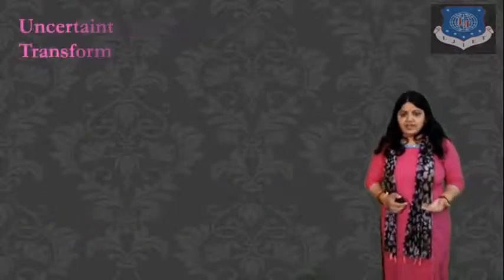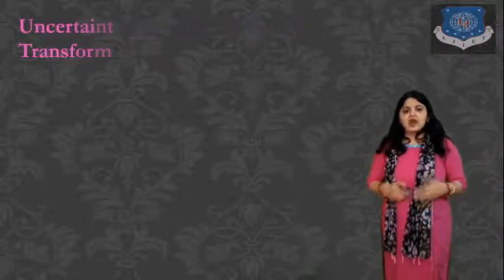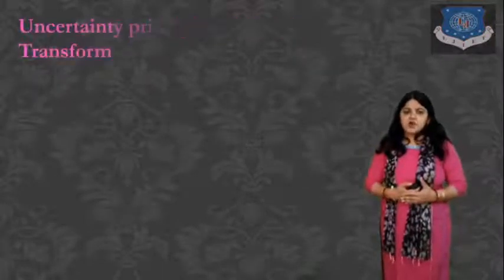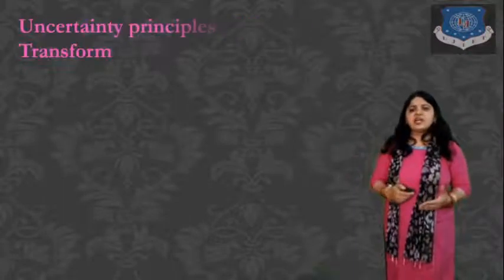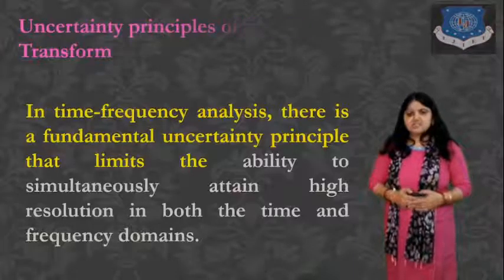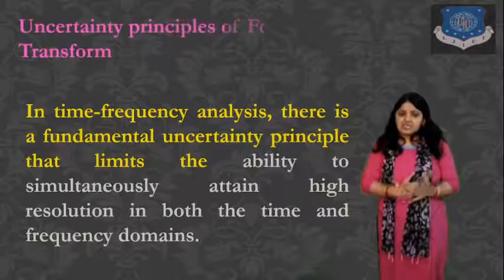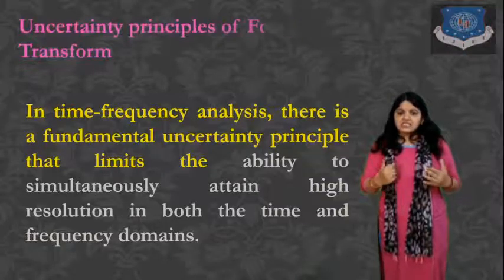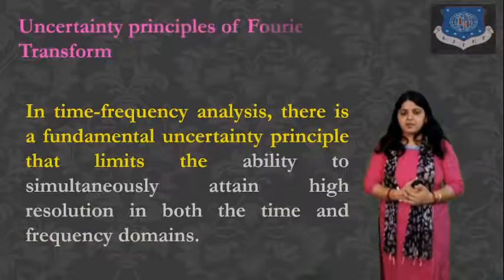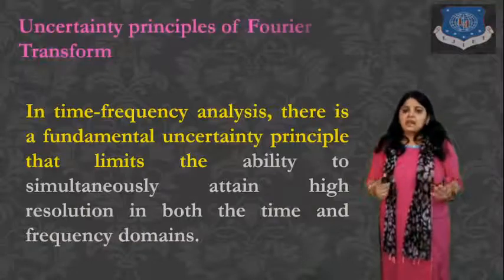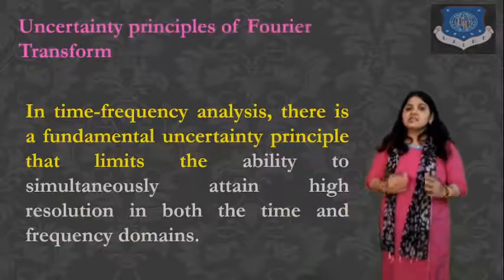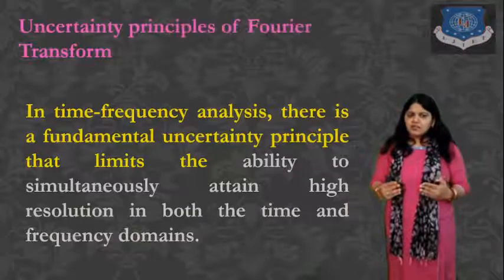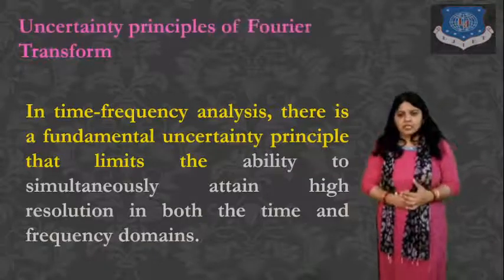That is why we need to study the uncertainty principles of the Fourier transform. So which kind of uncertainty? In time frequency analysis, there is an uncertainty principle that limits the ability to simultaneously attain high resolution in both the time and frequency domain.